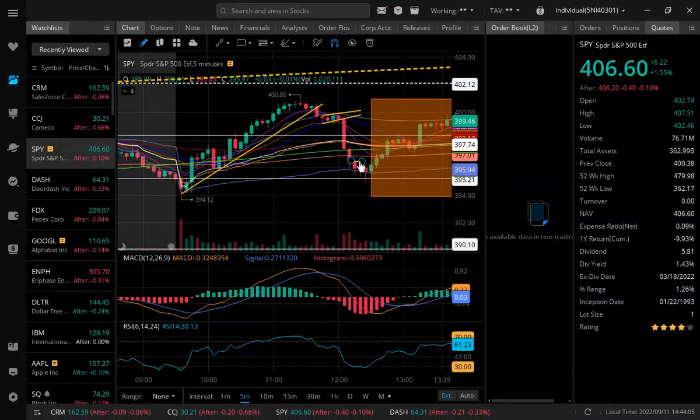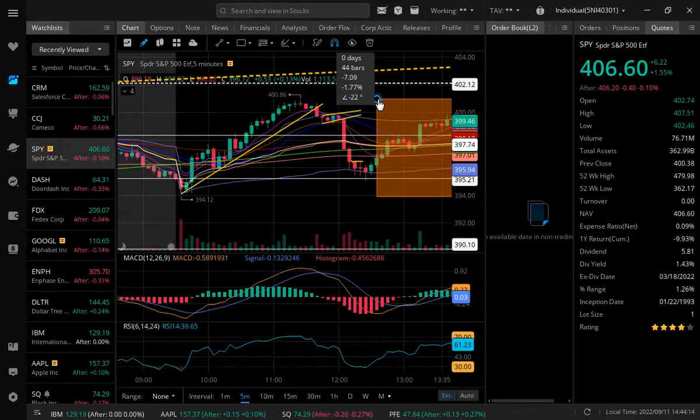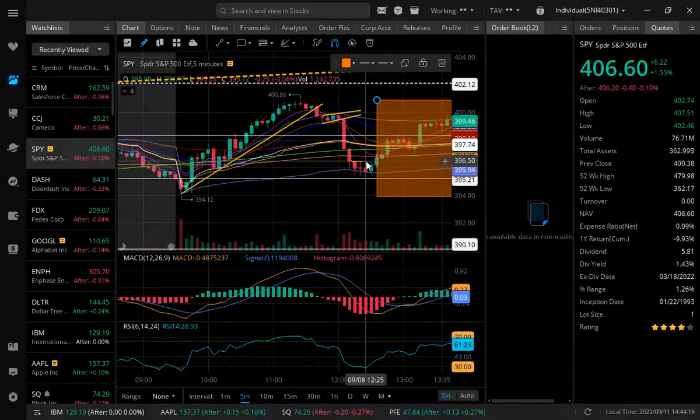So we want it to break this high. When it breaks that high, that's entry there for your call.